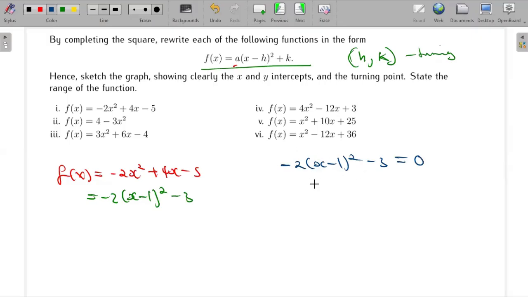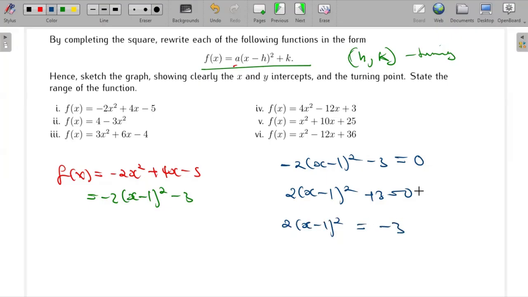If you multiply throughout by negative 1, this gives you positive 2 times x minus 1 squared, and then you have positive 3 equal to 0. Okay, just making sure that on that positive 3 we are okay. Now if you take that to the other side, you have x minus 1 squared, take it the other side, you get negative 3.